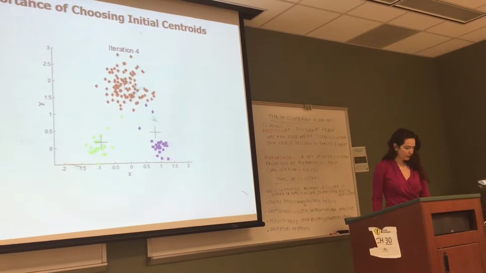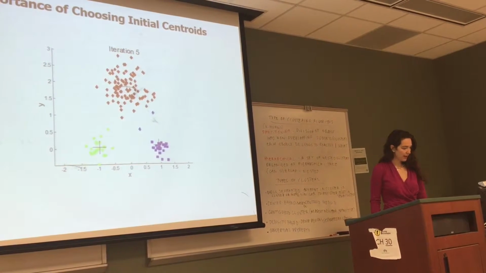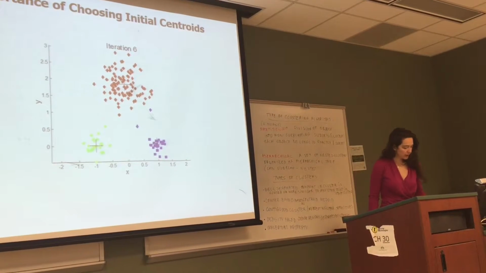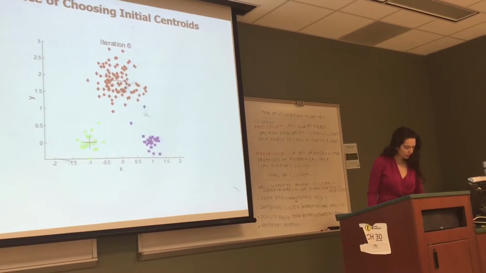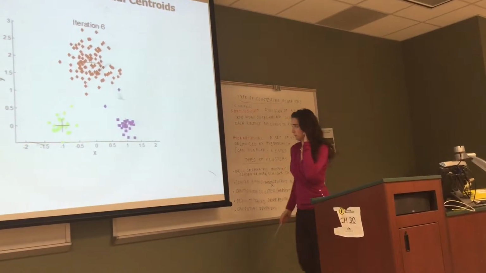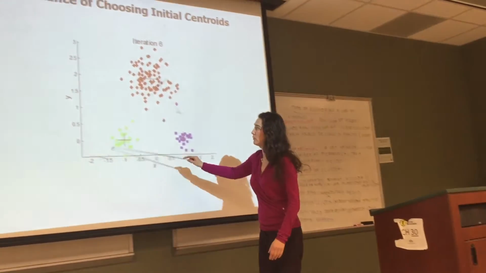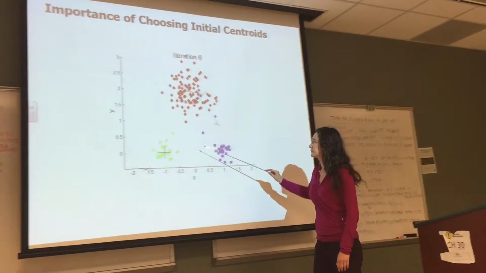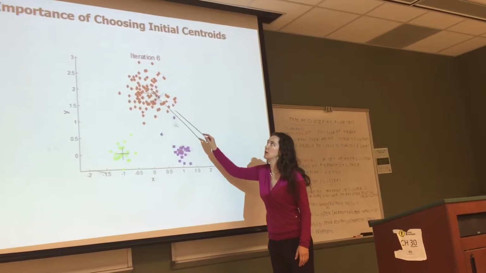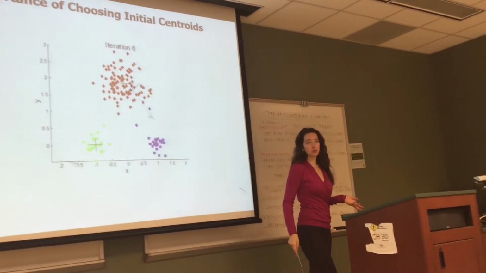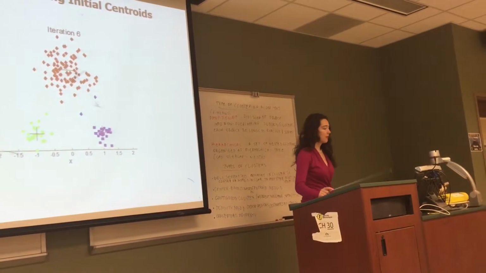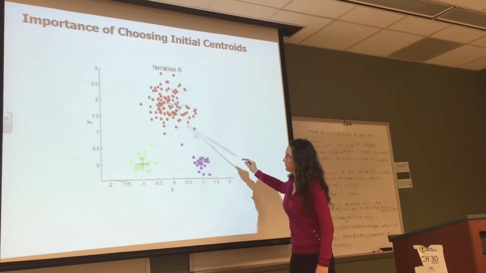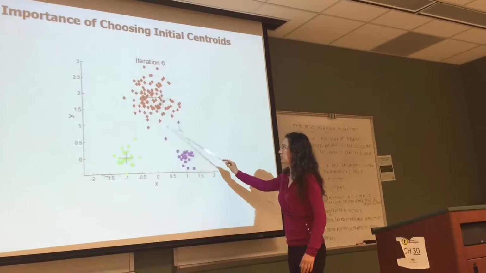So this is what happened in iteration 4, iteration 5, 6, and then eventually they will stop. Now we will compute the average of these green points. It's going to stay here. That will stay here, that will stay here, and if that happens, we will stop. And now we have formed 3 clusters: red, green, and blue.